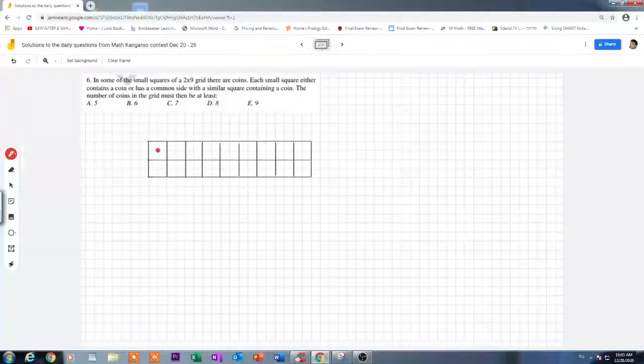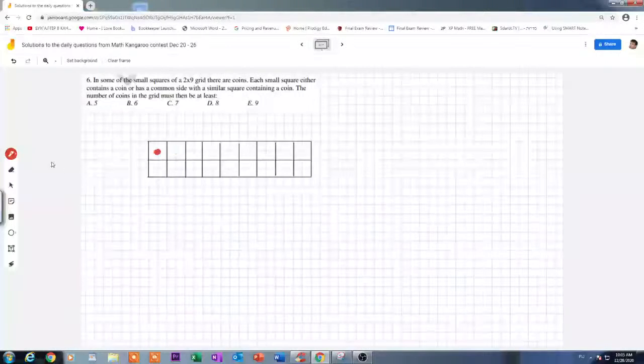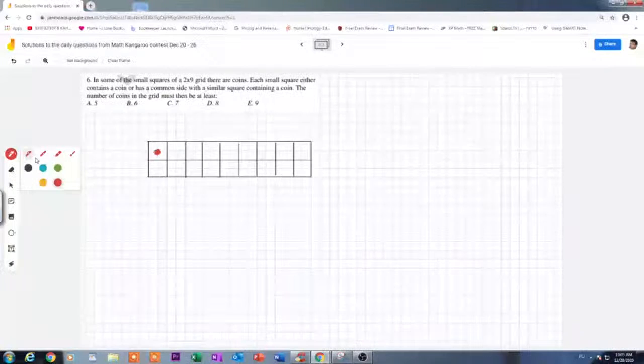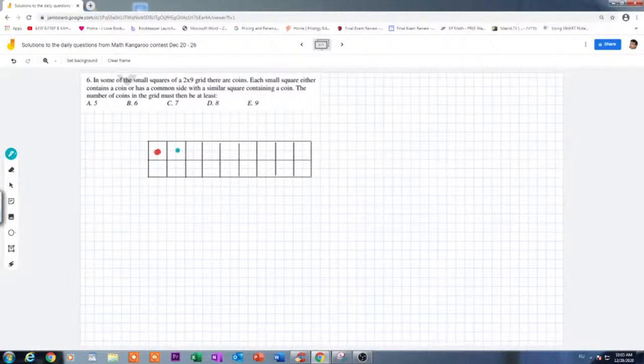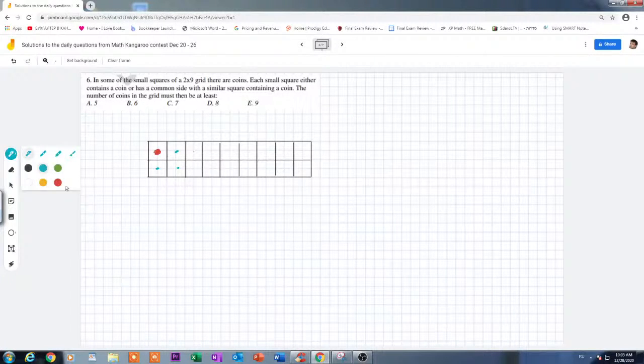So let's start from the first one. We're going to place a coin here, right? Then this cell borders the cell that contains a coin, and this cell borders the cell that contains a coin, right? So what about these cells? Then we need to place a coin here, right?